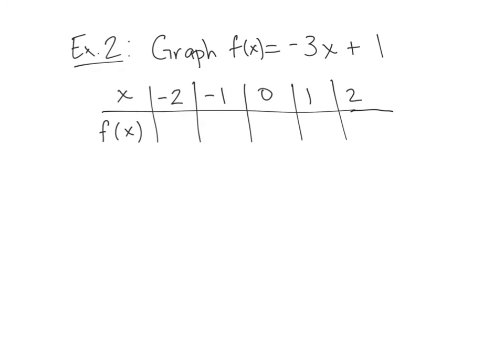All right, let's go ahead and try a second example, -3x plus 1. So again, I'm going to pick a couple of the input values, and I'll let you try the other ones. In this case, I'm going to start with -1.